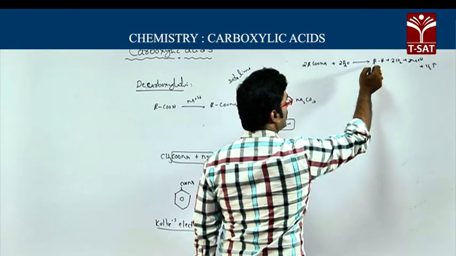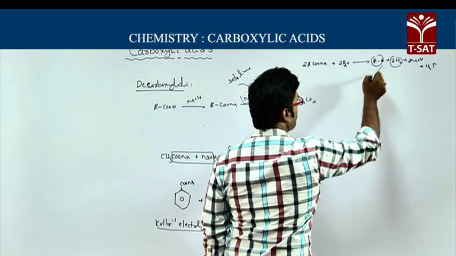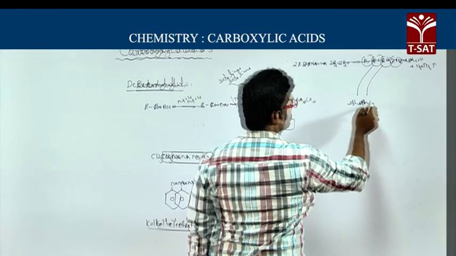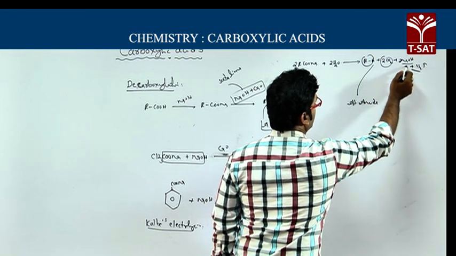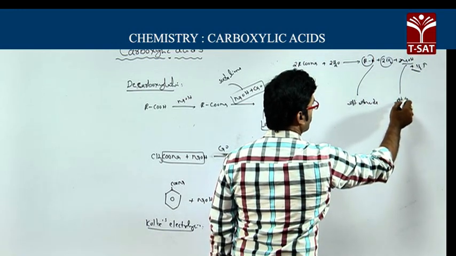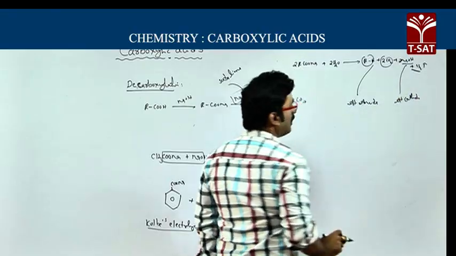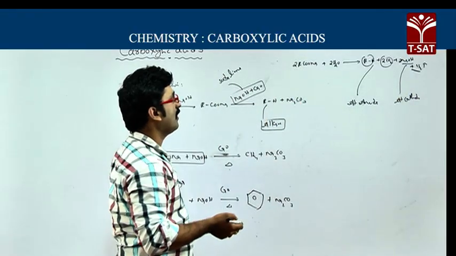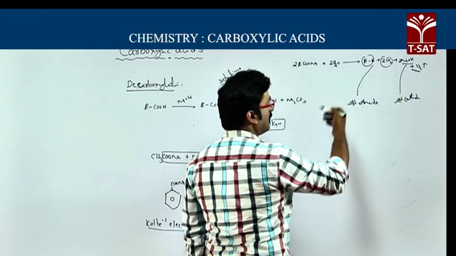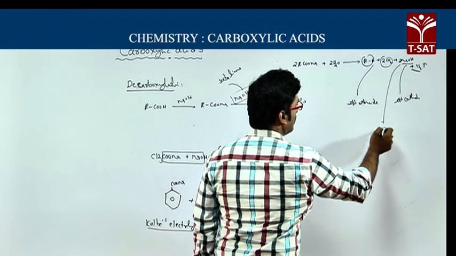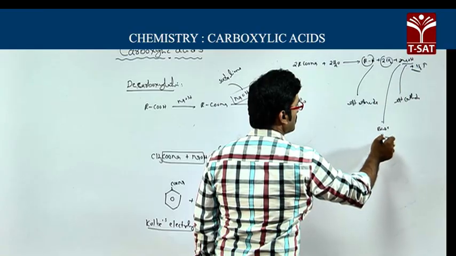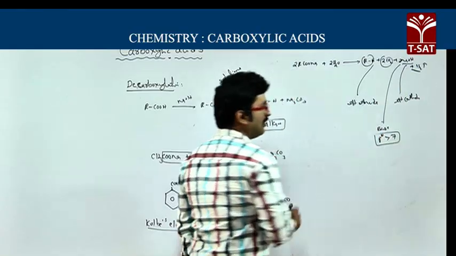In this, the alkane and carbon dioxide are produced at the anode, whereas hydrogen and NaOH are produced at the cathode. The nature of this mixture after the electrolysis is basic. Due to the presence of NaOH, the nature is basic and pH is greater than 7.